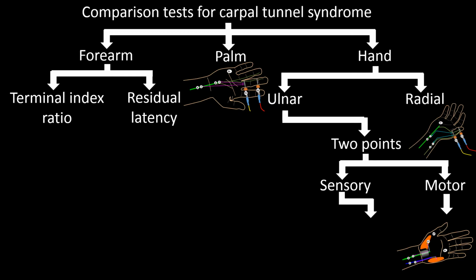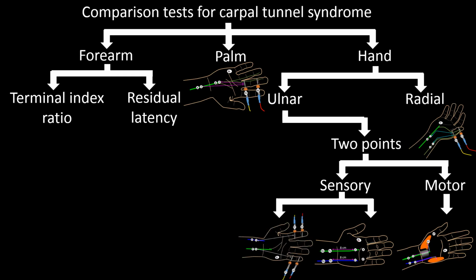This can be done with orthodromic palm to above the wrist recording, as you can see in this element that I have just introduced in this figure, or antidromically, that is stimulating the median nerve above the wrist and recording from the index finger, and the ulnar nerve also stimulated above the wrist and recording from the small finger.